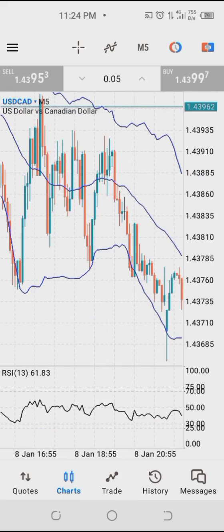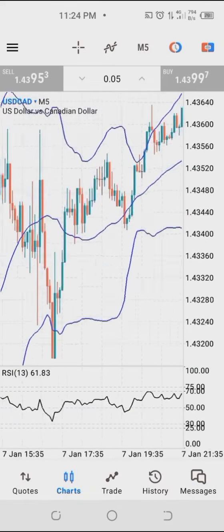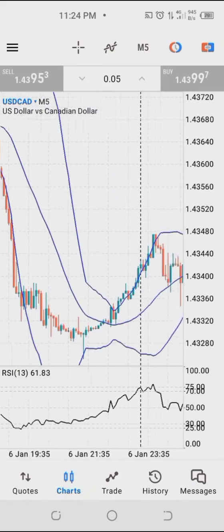Then for a sell, RSI touch 30. So this must be on the 5-minute time frame. These are the three criteria for your take profit, for you to exit the market.